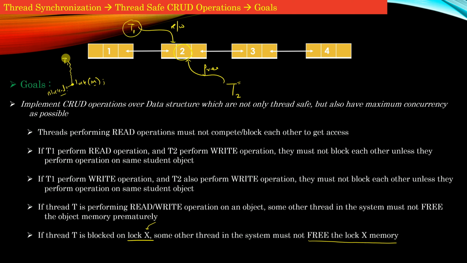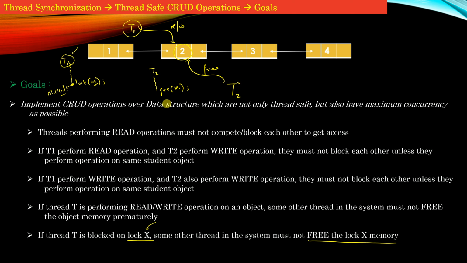Now, while the thread T1 is blocked on the mutex, some other thread in the system, while executing, destroys or frees the mutex M. So it means that the thread T1 would end up blocked on a mutex which does not even exist. Alright? And it is again undefined behavior in the program.